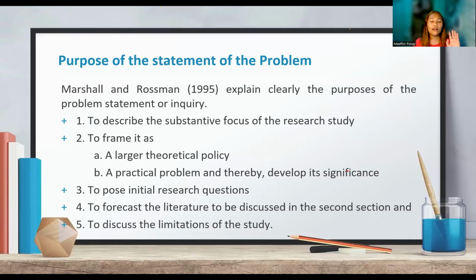You will have an idea of what studies you will put, locally or internationally, because you are going to put there 5 international and 5 local literature. And then the last one is also linked to the limitations of the study. So how far, where is the boundary of your study, where you will only focus.